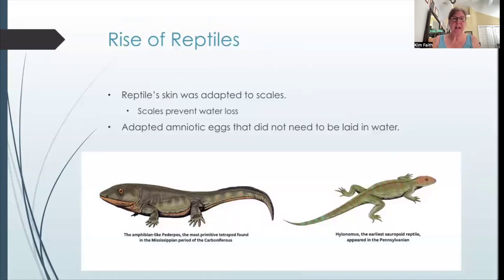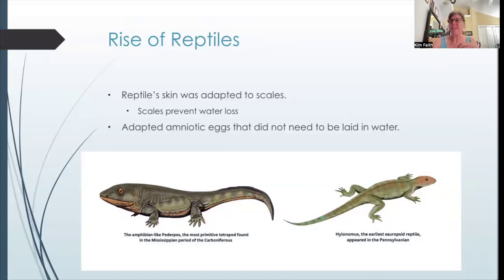During this period of time, though, we start seeing scales. So some kind of mutation led to skin cells being modified into scales, right? The scales prevented water loss. We also simultaneously, the egg that the amphibians laid, there were some modifications there too.